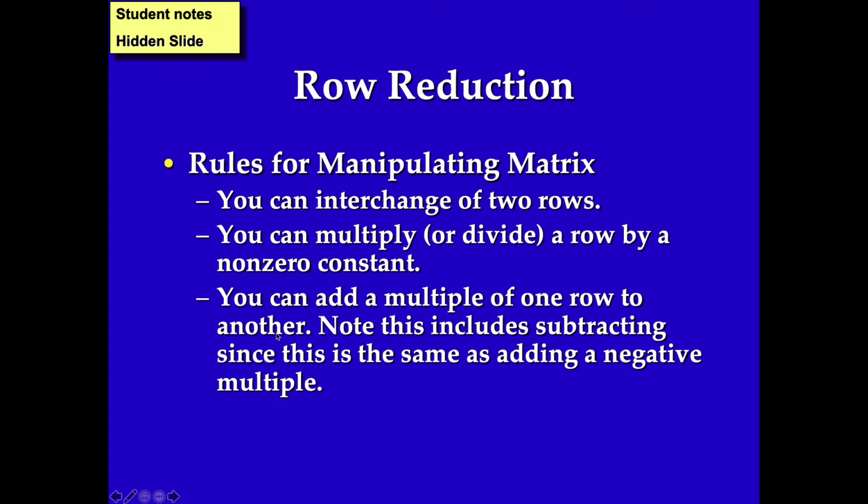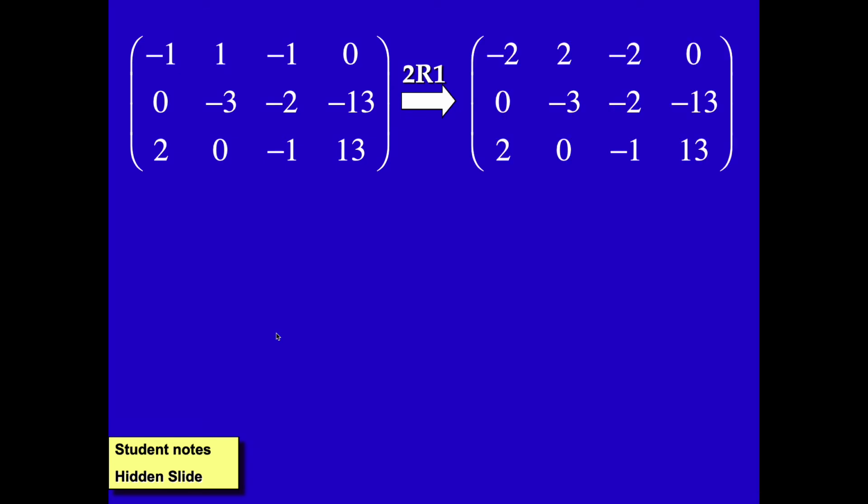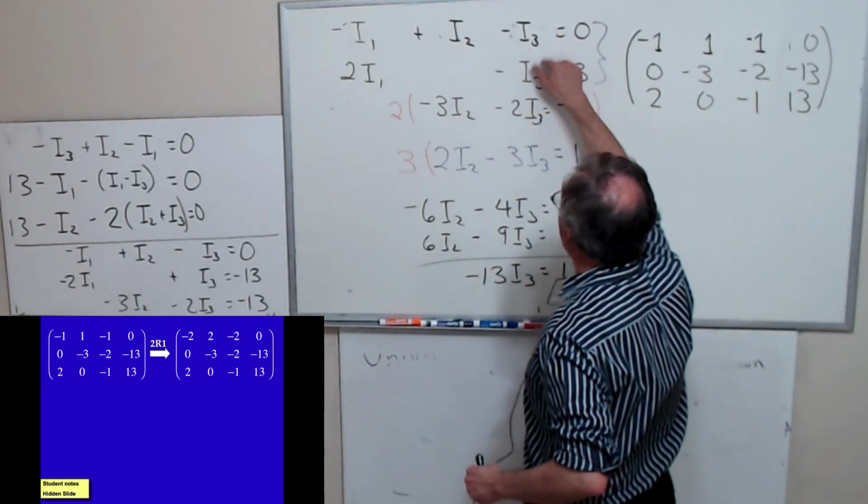And you can add or subtract one row to another, in the same way as I solved the problem. The idea is you're getting what's called row reduction. So you take that matrix, you multiply 2 times row 1. That's what I did. I multiplied this by 2 and added it to this.